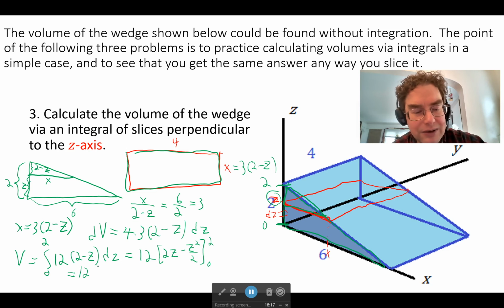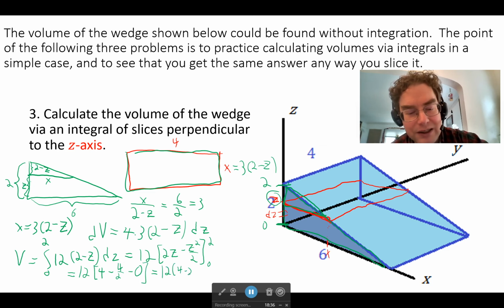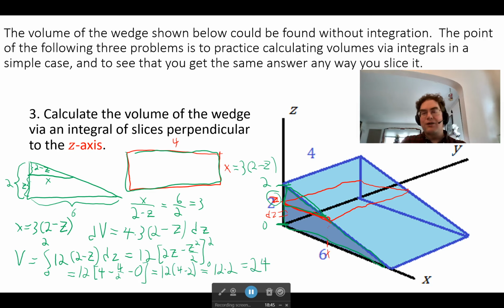And then we've got 2 times 2, which is 4, minus 2 squared, that's also 4, over 2. And then evaluation at 0, as it has been, will still be 0 in this case. And so we've got 12 times (4 minus 2), which is 12 times 2, which is, happily, what a relief, again 24 for the volume of this wedge.